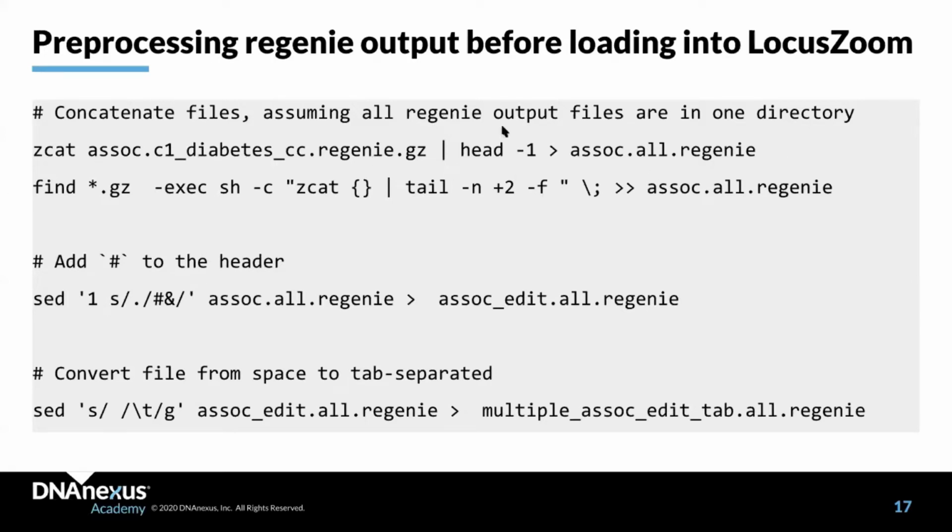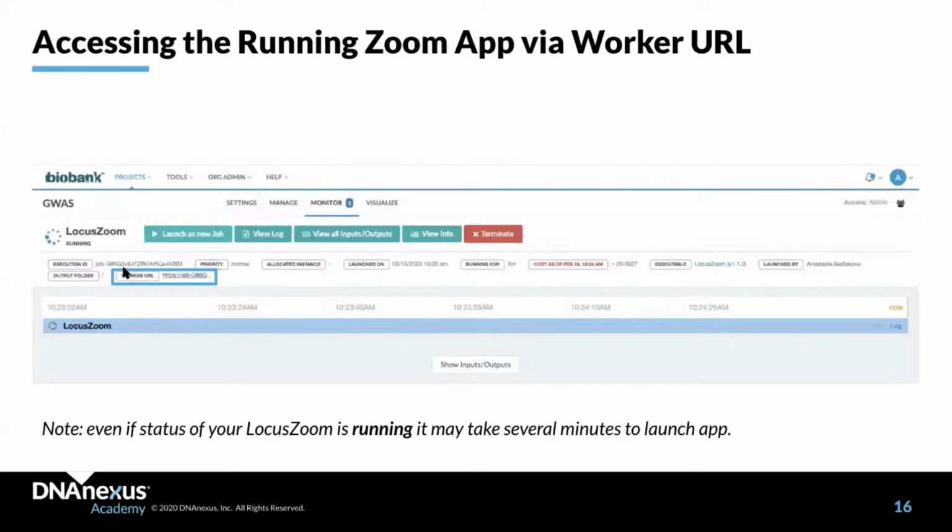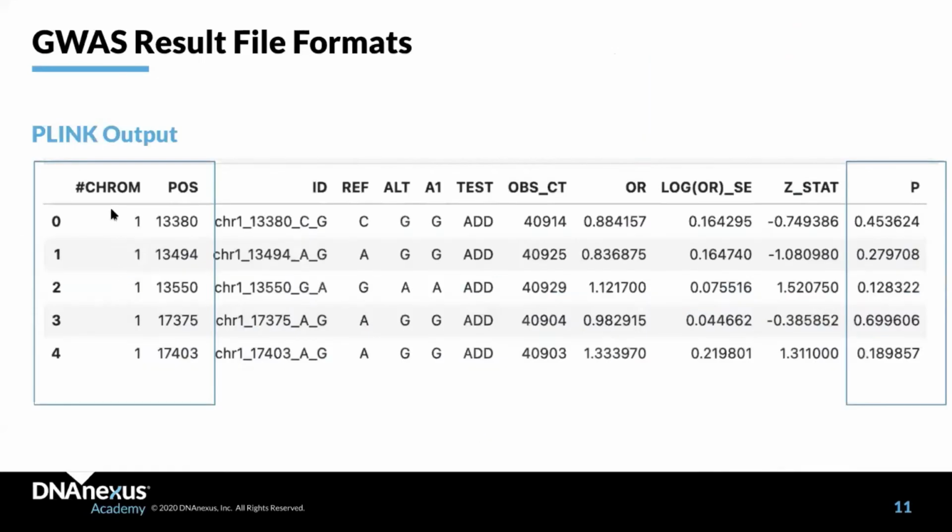We use the first line to create a header, and then we concatenate the rest. We need to add a pound sign to the header. Let me go back and show it to you here. Plink has this pound sign, and for LocusZoom it means it will treat this as the names of the columns.